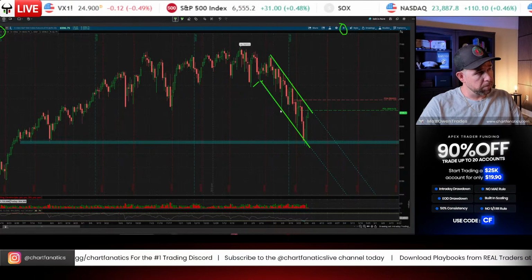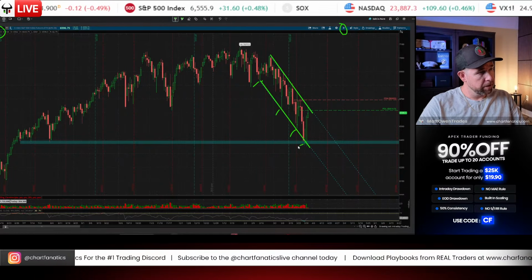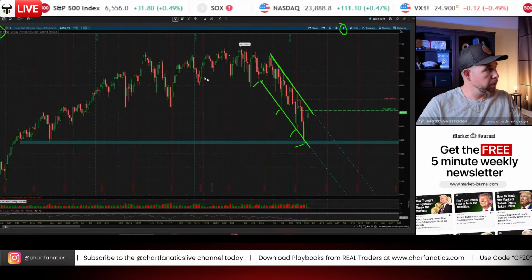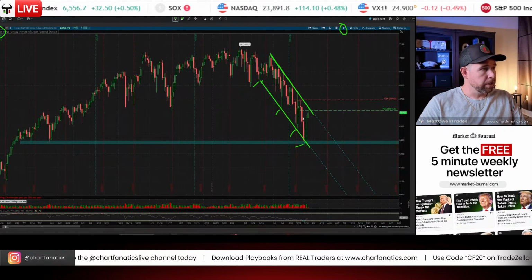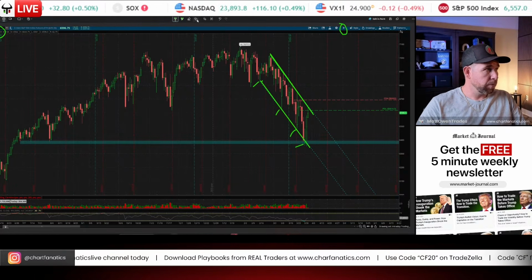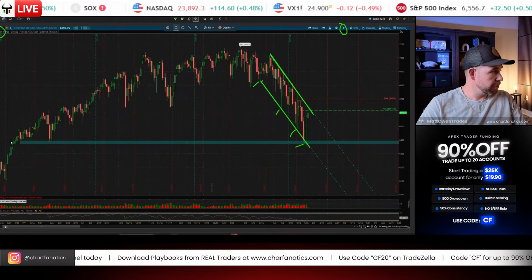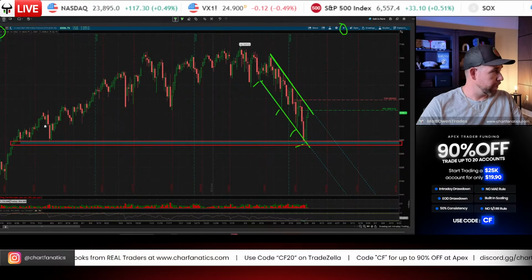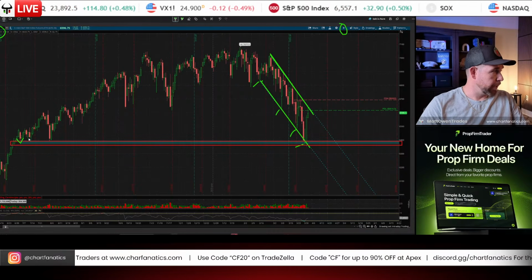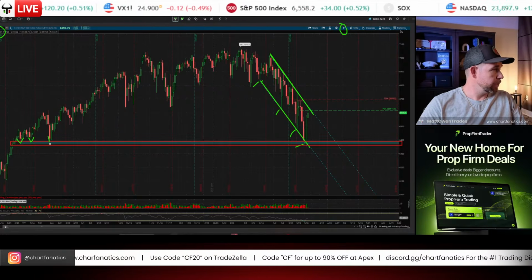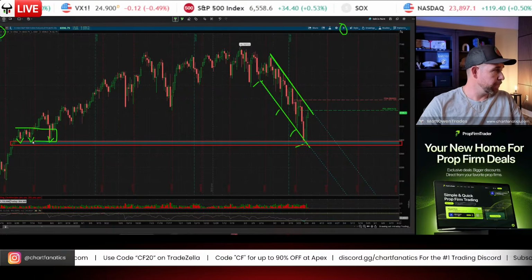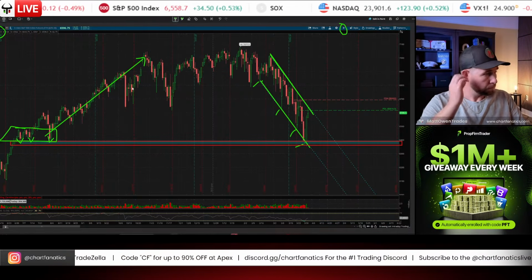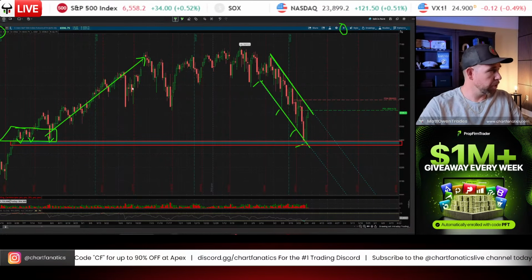You can see how we've had multiple tests at the extremes of it, respected, and also at the highs, repeatedly. So we continue to make lower lows and lower highs. Now, a key higher time frame level I've been watching is these lows just under 6,400. We've got a triple bottom here where the market held this area, and this was the last major basing period that held before we made the last major all-time high push.